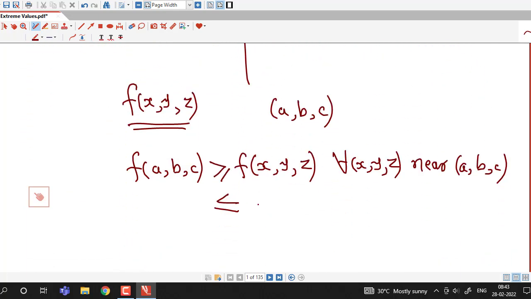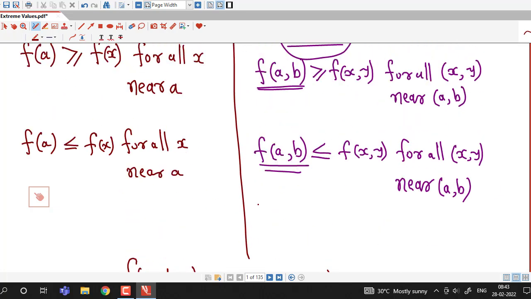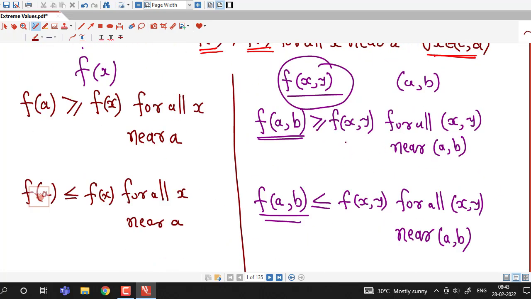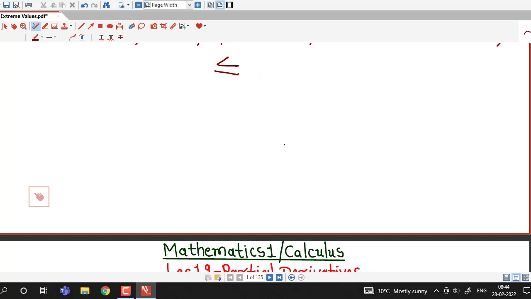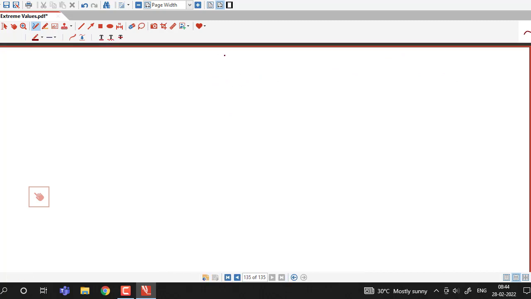Now the question is, it is not easy to decide from the definition. Every time from the definition we cannot decide at which point function will have local maximum or local minimum. So for that we have certain tests which we are having in 12th standard also.